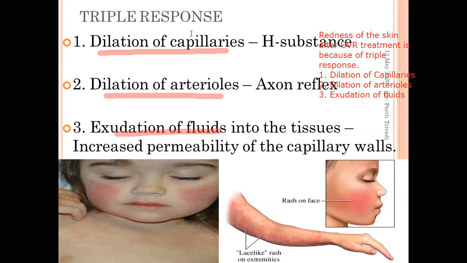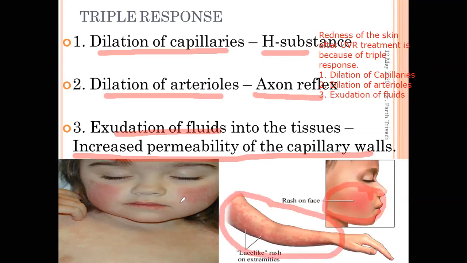Now, dilation of capillaries occurs because of your H substance, dilation of arterioles is because of your axon reflex, and thus fluid is exudated. It increases the permeability of capillary walls. So this figure shows this redness. You can see it even in your sunburns.